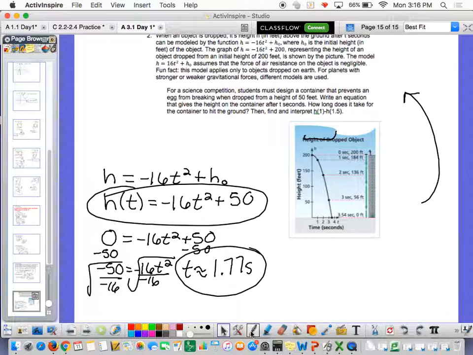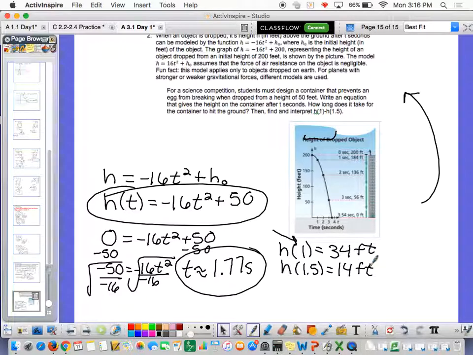Well, h of 1, if you plug it into that equation, is going to be 34, and the height was in feet. So that means after 1 second, we've fallen 34 feet. Wait, after 1.5 seconds, the height is 14 feet.